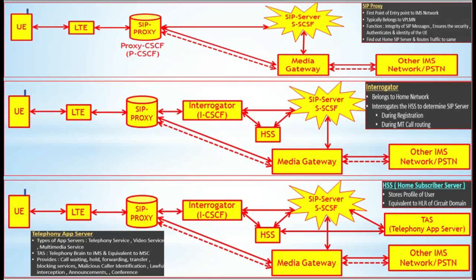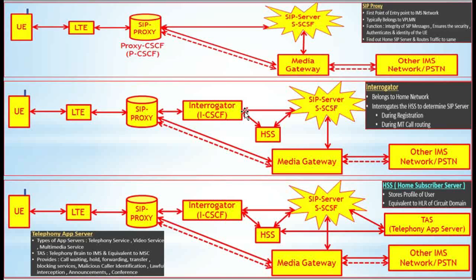SIP proxy address. The PCSCF is also known as proxy CSCF or proxy call session control function. This SIP proxy is sitting in front of the SIP server. Here you can see this proxy is sitting in front of the SIP server always.